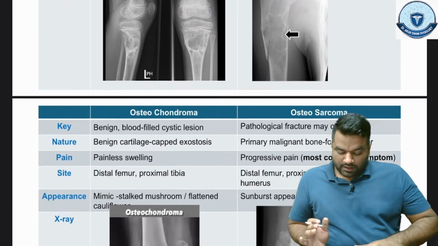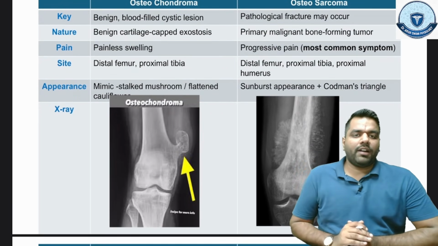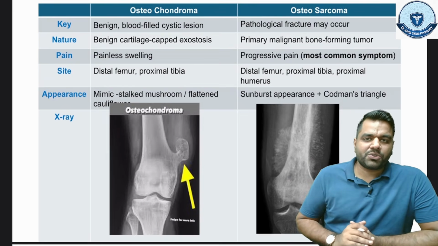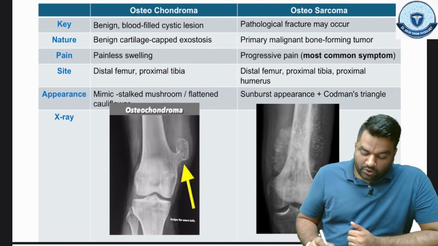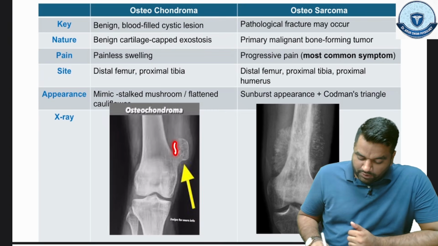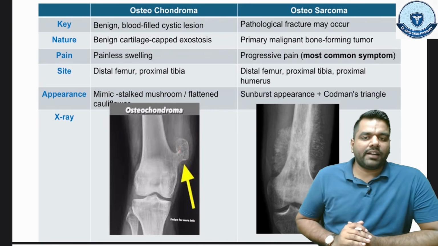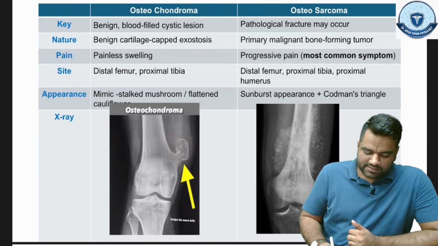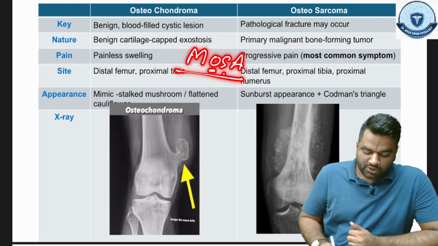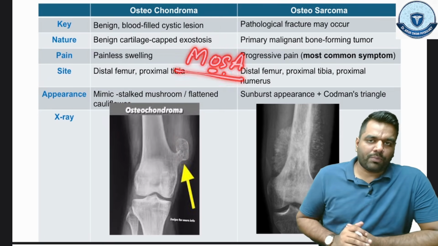Now, the next part is osteochondroma and osteosarcoma. Guys, you can differentiate them like this. In osteochondroma, there is always a pedunculated extra overgrowth at the metaphyseal area. Again, this is part of MOSA. This is also from MOSA, right? So this is osteochondroma and osteosarcoma, right?